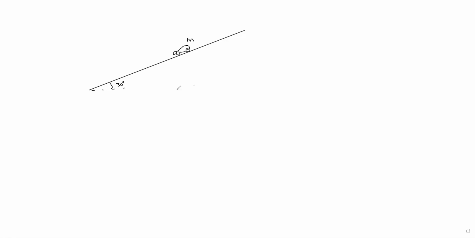So let's look at this car. First of all, we have the inclined plane, and here is a car. We have force of gravity going down like that. We're going to call that force of gravity mg. And we also have a normal force.